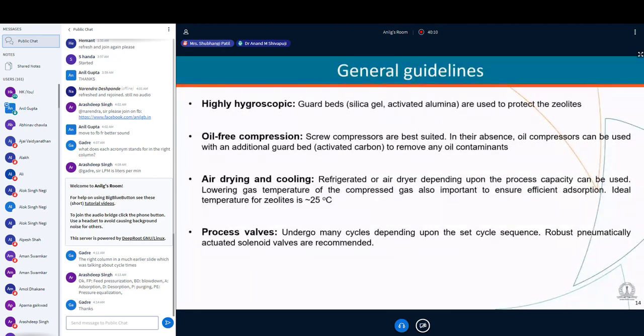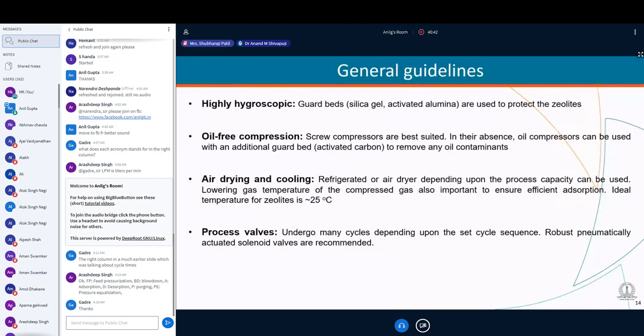The second thing is the compression process. Again, it is preferable to have oil-free compressors, but if oil-free compressors are not available to act in a continuous manner, or are not available in the desired capacity, then we can go for oil compressors. But then again, we need to put a guard in place to ensure that no oil from the machinery itself moves into the system.